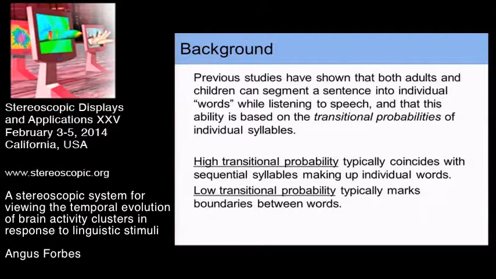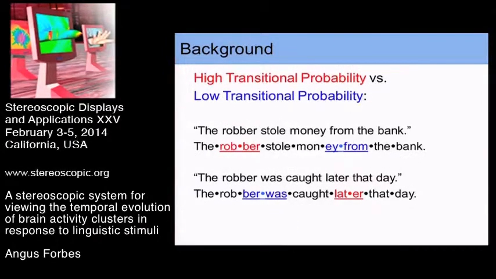So, the studies have shown that the way we do this is our brains automatically recognize high transitional probability coinciding with sequential syllables that make up individual words, and a low transitional probability marks boundaries between words. And here's an example of the difference between the two.